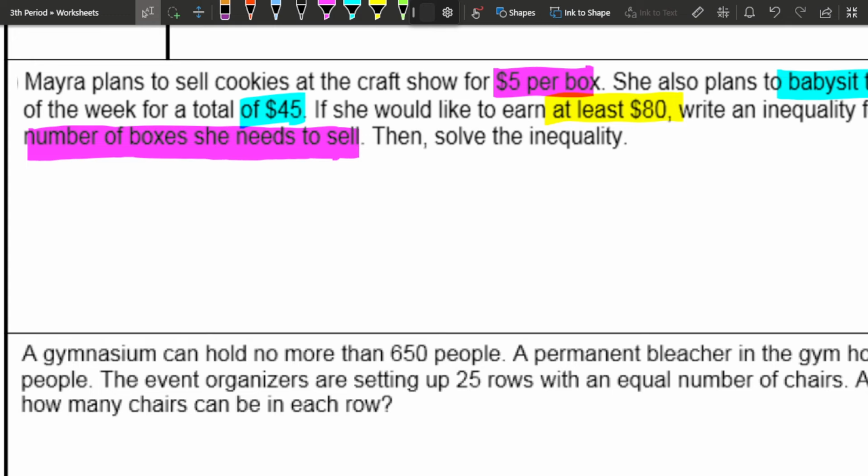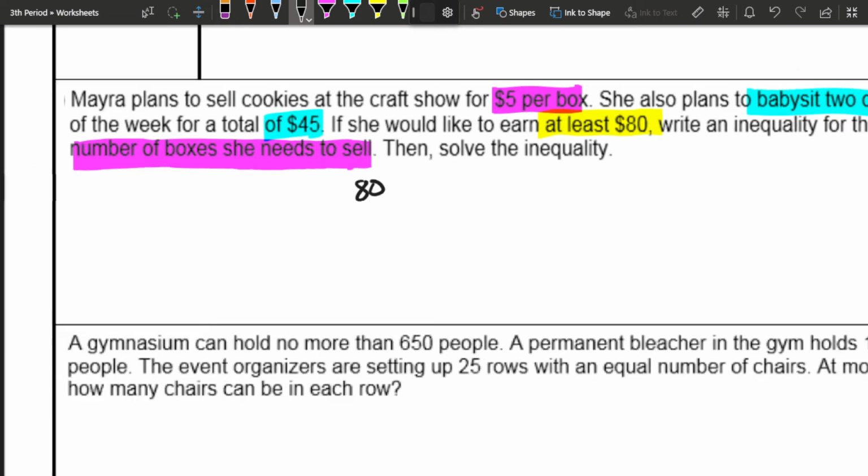So first of all, how much does she want to make? At least $80. Will she be happy if she makes $79? No. Will she be happy if she makes $80? Yes. What about $90? What about $50? No. So what inequality sign are we going to use?